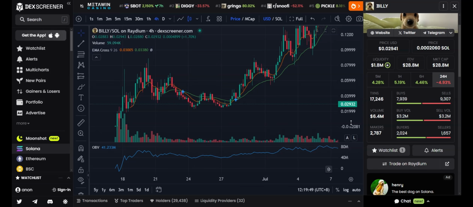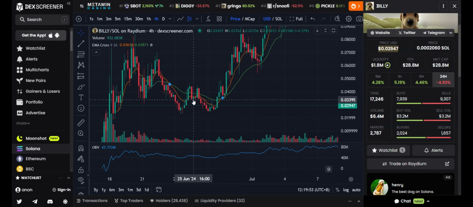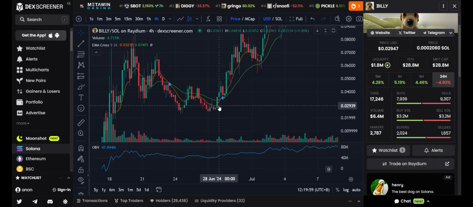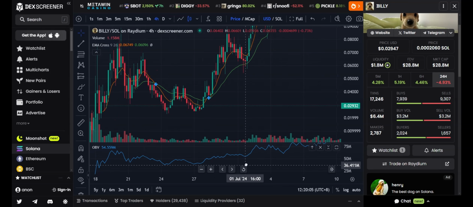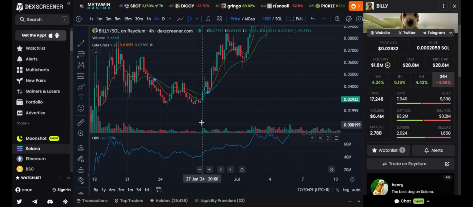So what you can see here is as price comes down, we have the orange line getting closer to the slower moving green line, but it carries on further down, and then it finds its bottom here and then comes up. And as it comes up, what we can see again is once again increasing volume, right? And we have a cross right here on a 4 hour.